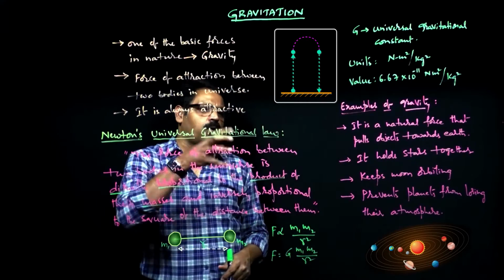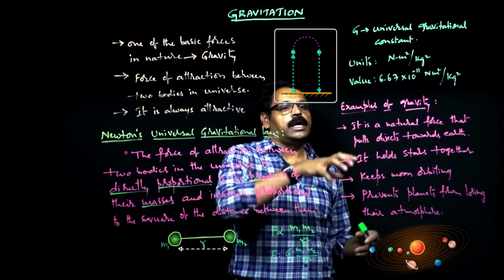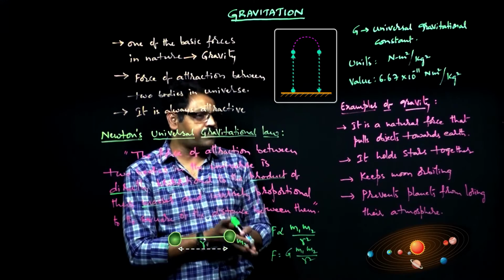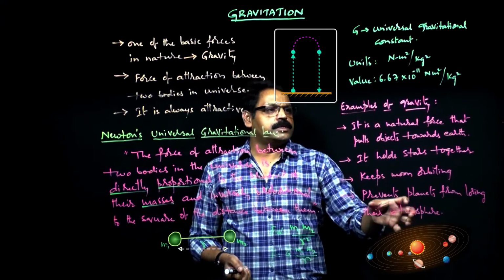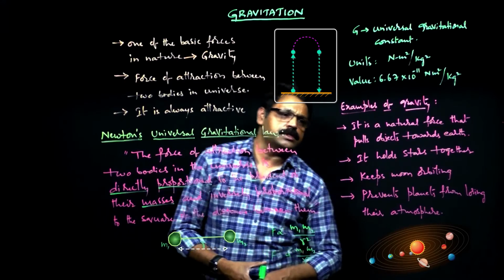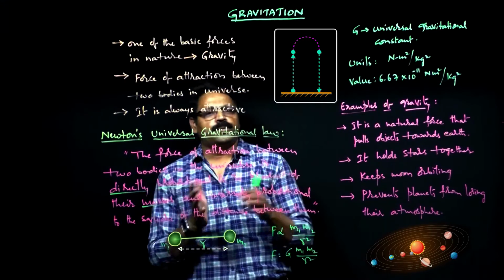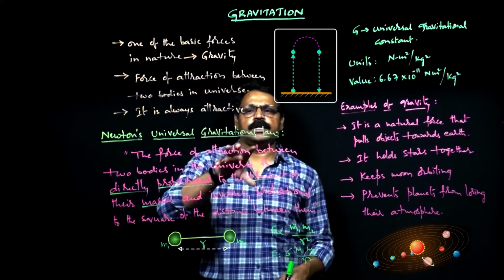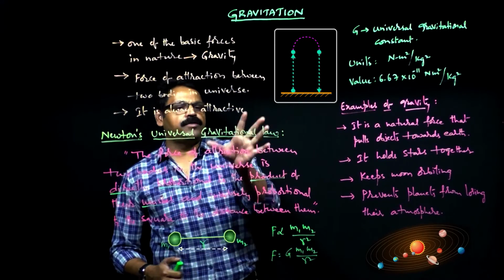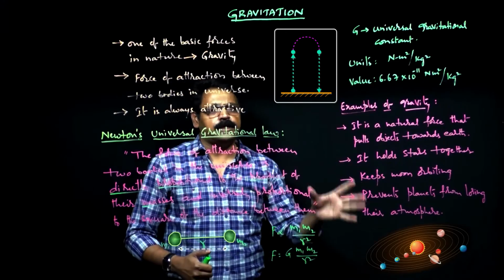That means gravity also plays an important role in keeping the atmospheric particles surrounding the surface. So these are the examples of gravity in our day-to-day life. This is how gravity plays an important role. So what is gravity and how the gravitational force can be calculated, everything can be discussed in this particular way.